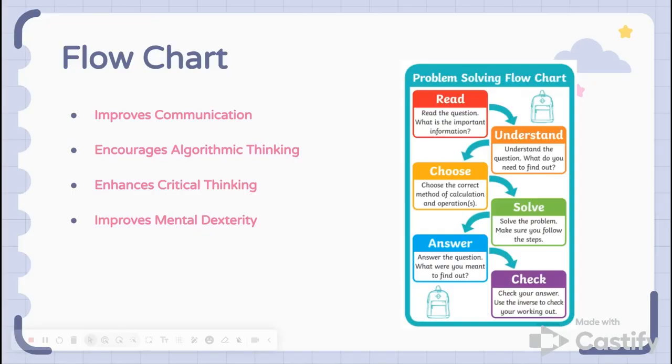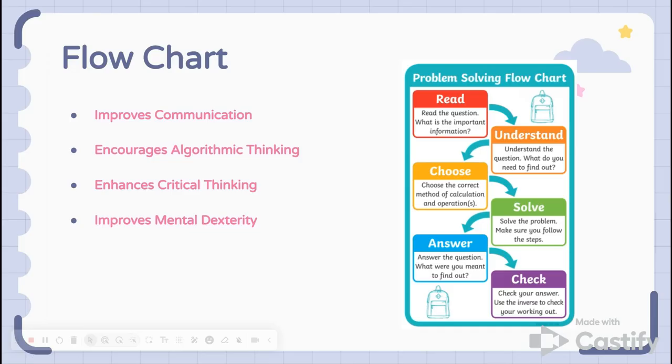Some of the benefits of the flowchart graphic organizer are: they improve communication. They simplify complex processes, making logic understandable for everyone. They encourage algorithmic thinking. They teach logical, sequential thinking, essential for coding and math.